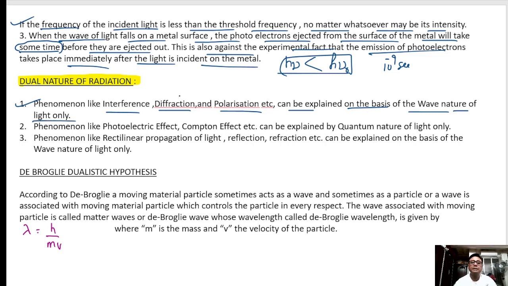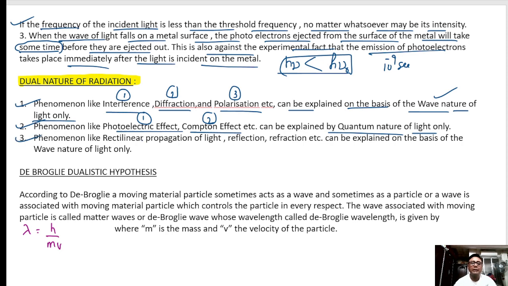Second, phenomena like the photoelectric effect and the Compton effect can be explained only by quantum theory.